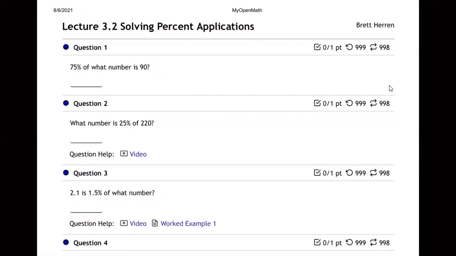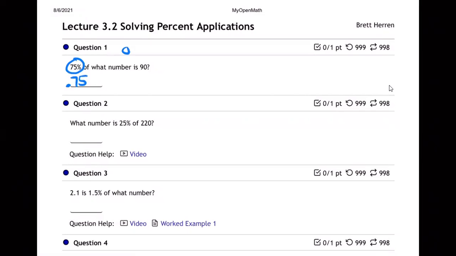So what do I mean take the sentence very, very directly? I mean 75%. You know how to change that into a decimal, right? 0.75. And so let me write a couple of steps up here. Number one, oh, well, you know that. And then of, what is of always?